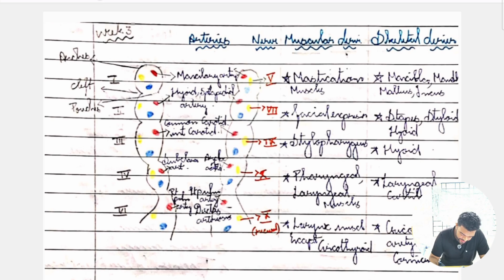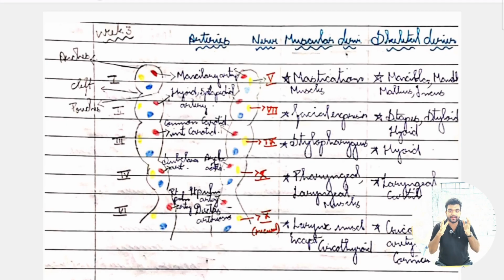Instead of remembering any of these things, I have told you that there are 5 pharyngeal arches, right? The people who have studied a little would be knowing about the cranial nerves, that is the 5th cranial nerve, 7th cranial nerve, 9th and 10th cranial nerves.